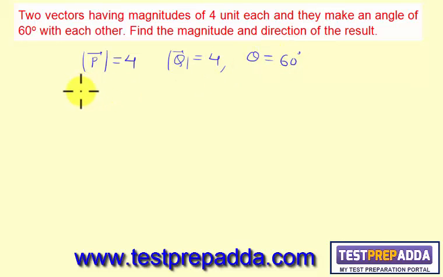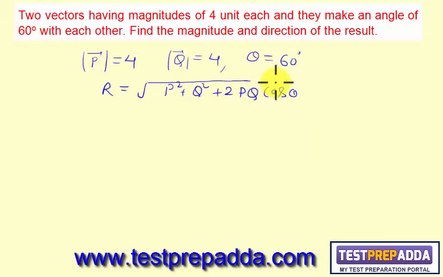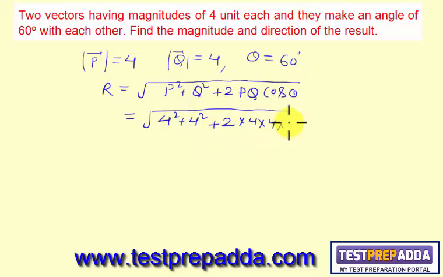So we can use direct formula, that is R is equal to root of P square plus Q square plus 2PQ cos theta. So it becomes 4 square plus 4 square plus 2 into 4 into 4 into cos 60 degree.